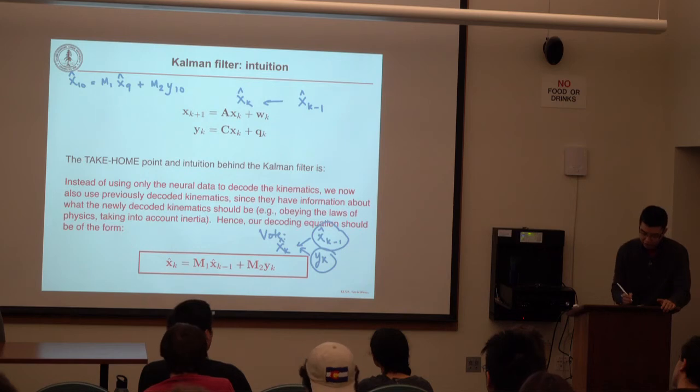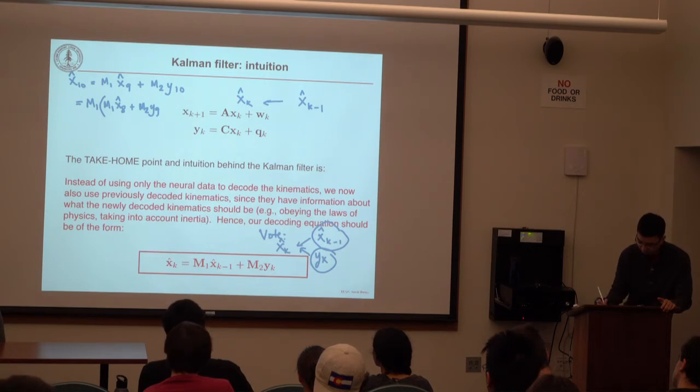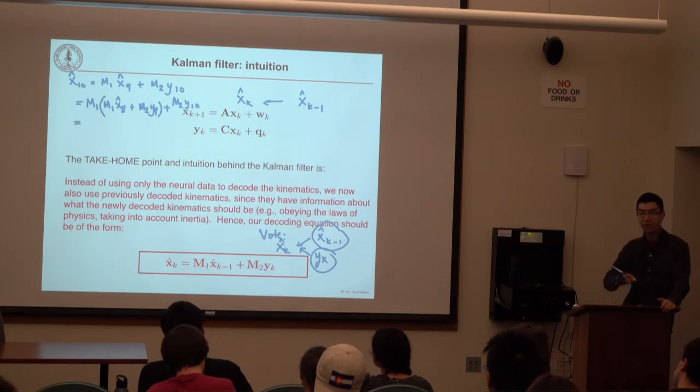If I could expand this out to be equal to m1 times x hat of 9, now that is m1 times x hat of 8 plus m2 times y9, plus m2 times y10. And then this we could expand out even more, but eventually we would get something.